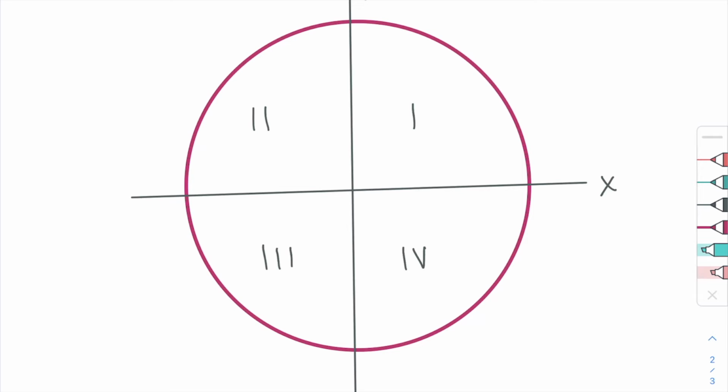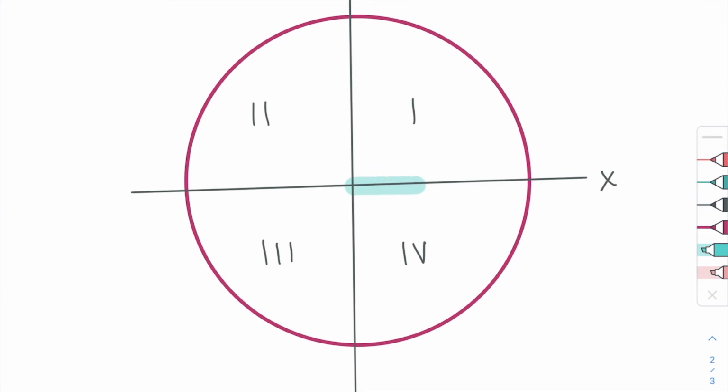Alright, so now we've got our circle, we've got our quadrants labeled, we've got a piece of string the size of our radius. Our initial side of our angle is always going to be horizontal, this part of the x-axis right here.